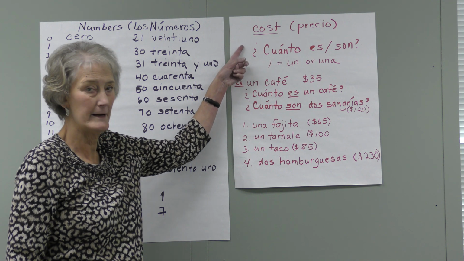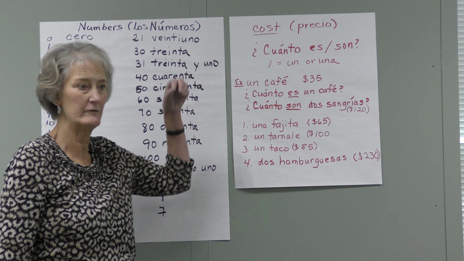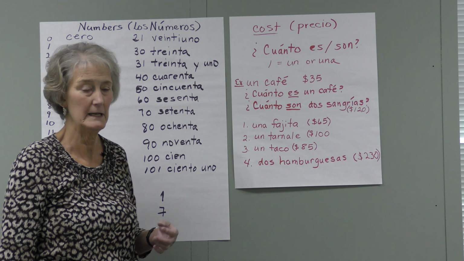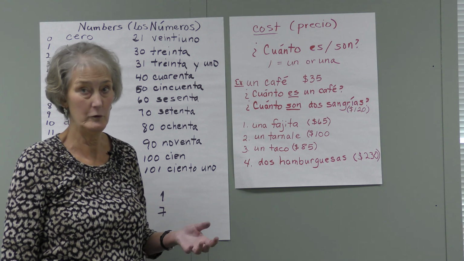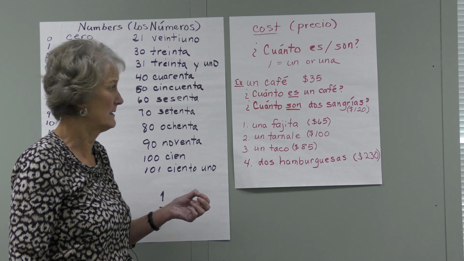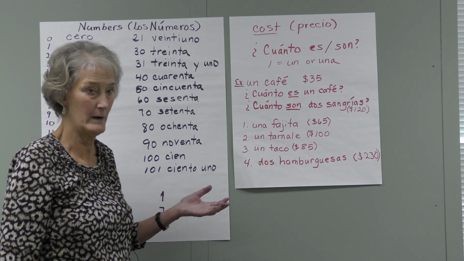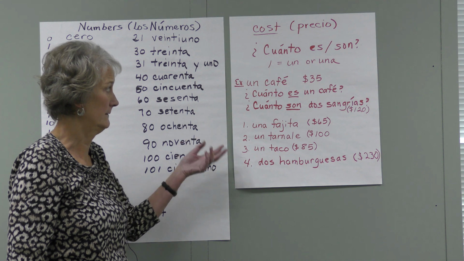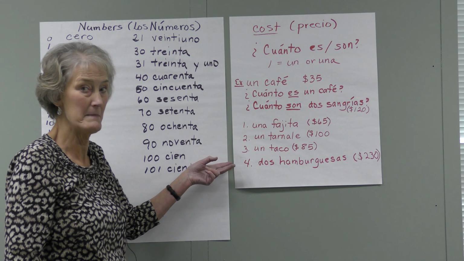Now, if we're talking about cost, because usually if you're traveling to another country and you have to order food or other items, you need to know how much something costs if it's not already written on a screen or if there's not a menu.